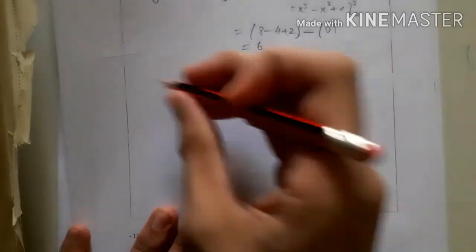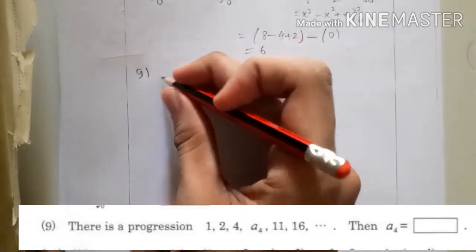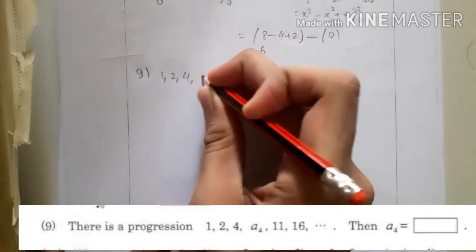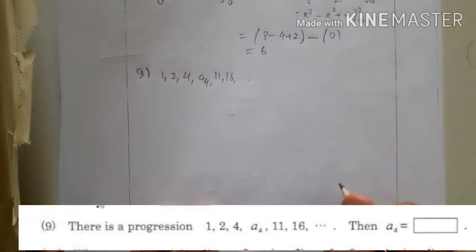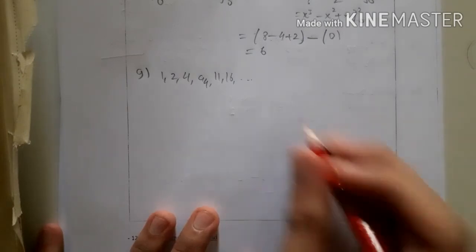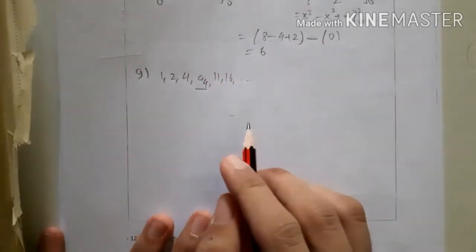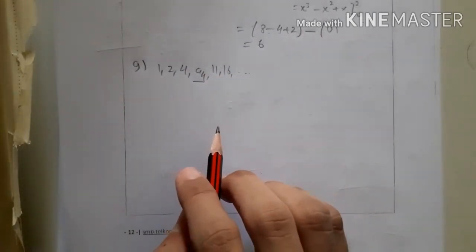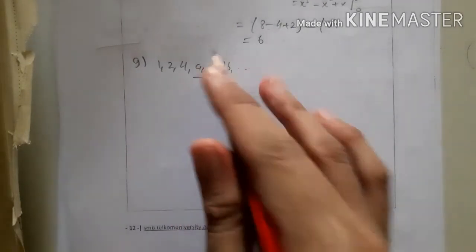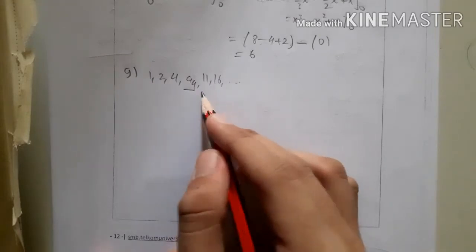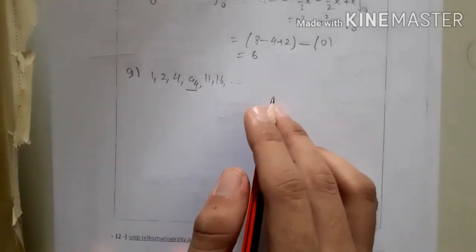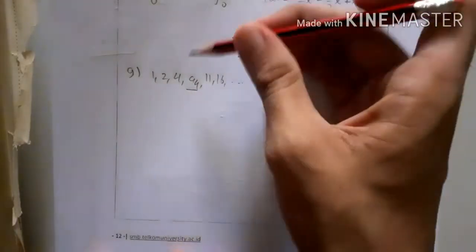Now for number 9, there is a progression of 1, 2, 4, then the fourth term 11, 16, etc. What is this fourth term? For this, we just have to predict the pattern, because we are not sure whether it is arithmetic, geometric, or others.